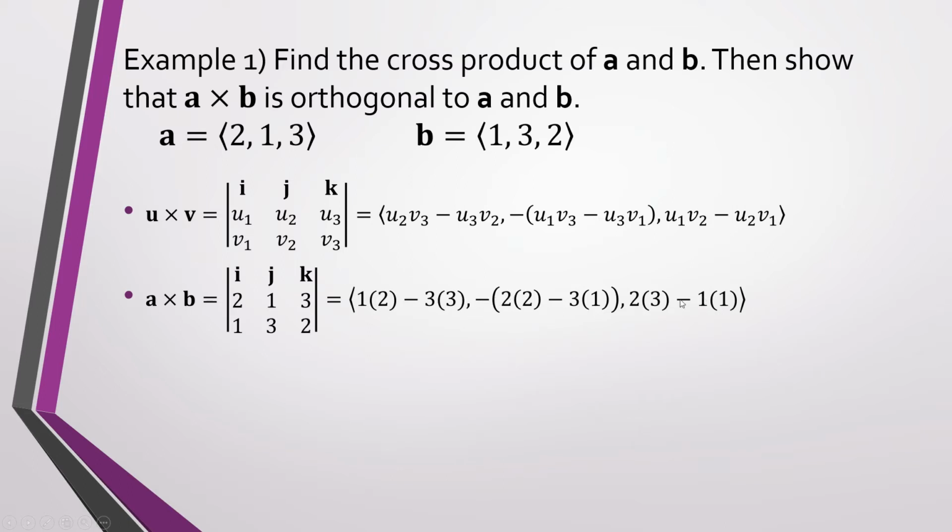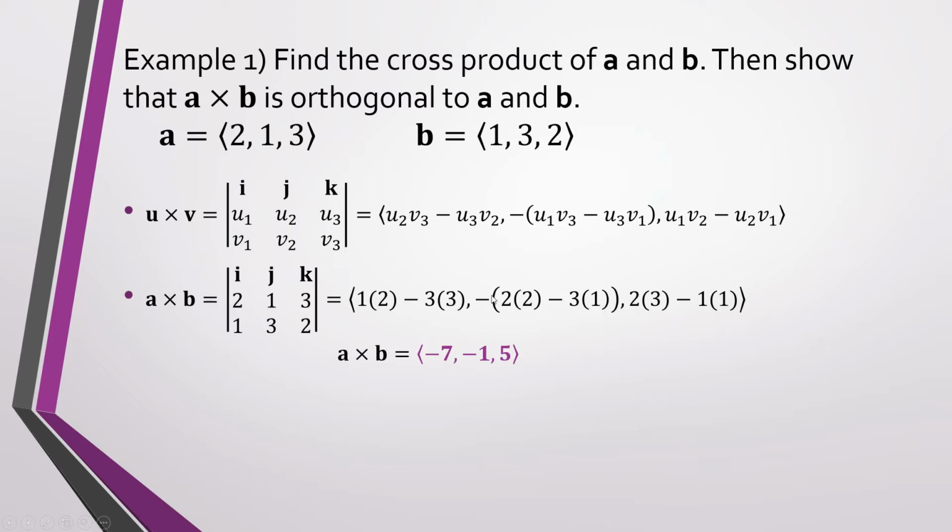For our z component, we ignore the z column, and then the product of our first diagonal, 2 times 3, minus the product of our second diagonal, 1 times 1. Now we're just doing a little bit of arithmetic here. 1 times 2 is 2, minus 3 times 3 is 9, so 2 minus 9 gives us negative 7. 2 times 2 is 4, minus 3 times 1 is 3, so 4 minus 3 is 1.